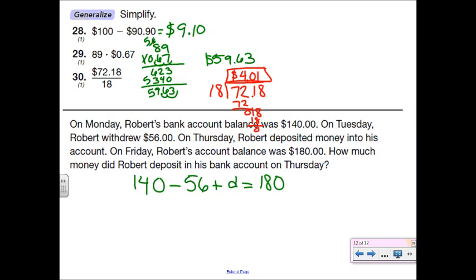So we need to know what's 140 minus 56. So we have 4, and 13 minus 5 is 8. So 84 plus whatever he deposited is 180. So that tells us that it must have been 96. So his deposit was $96.